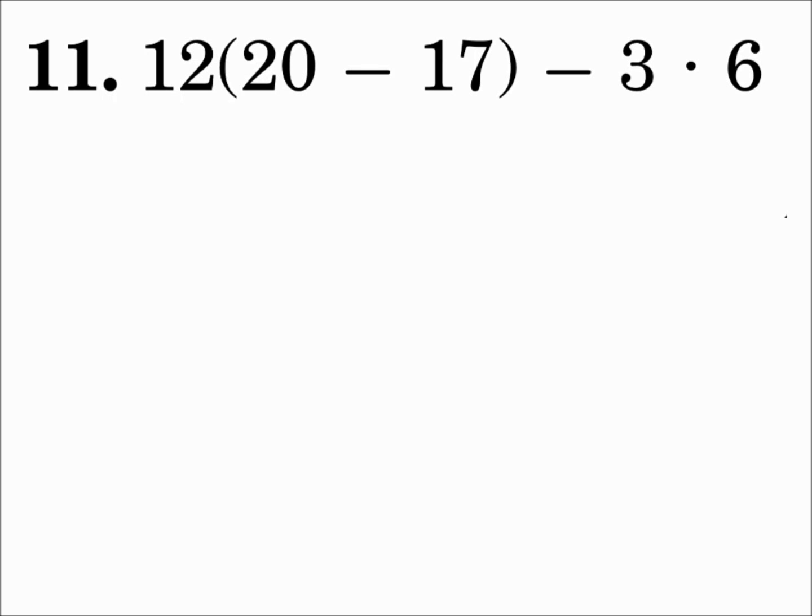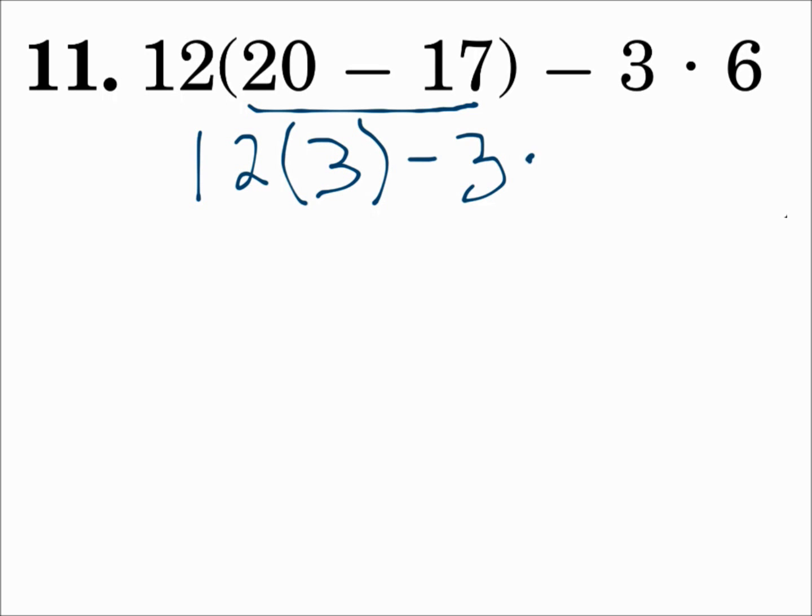Are there any parentheses? Yes, do those first. In the parentheses is 20 minus 17, which is 3. Now you have multiplication, subtraction, and multiplication. Do the multiplication first. 12 times 3 is 36.